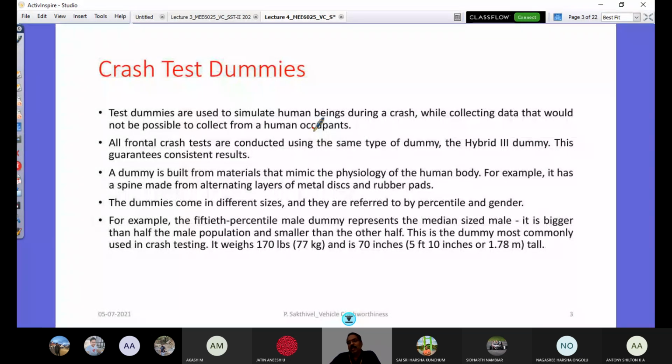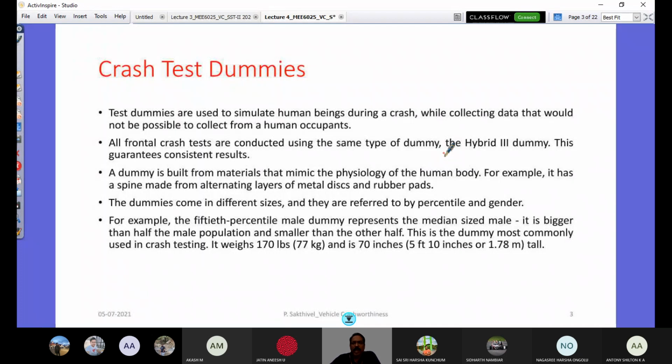They can carry the complete instrumentation and collect data which a human occupant may not be able to. All frontal crash tests are conducted using the same type of dummy. That's very important, because only then do you get consistency. The common dummy used is the Hybrid 3 dummy. We have one module in our course only to look at the family of dummies, their specifications, which test which dummies are preferred for, and so on.